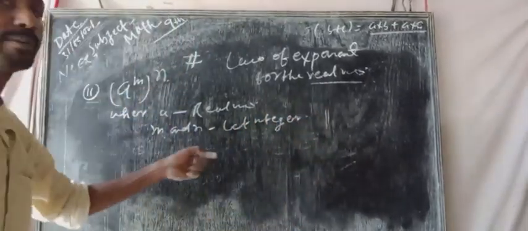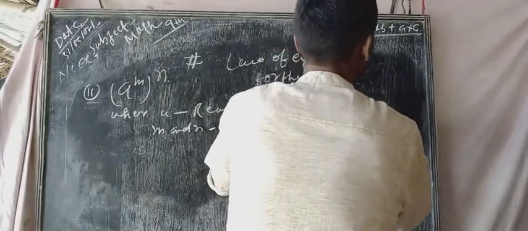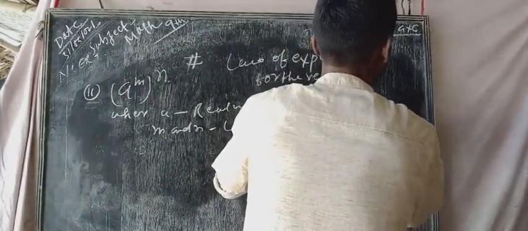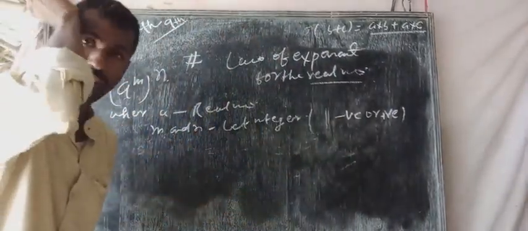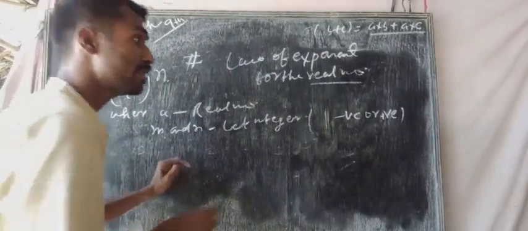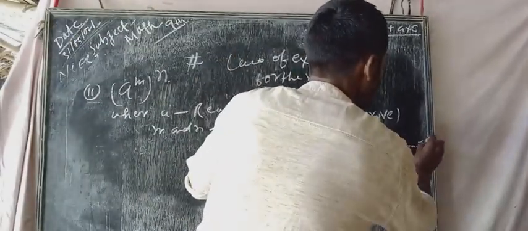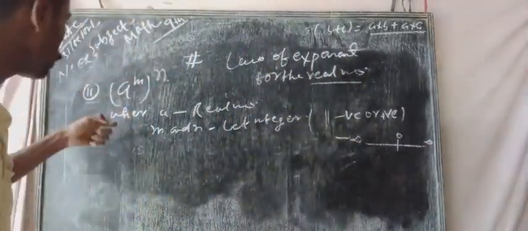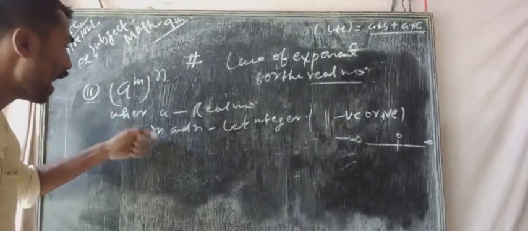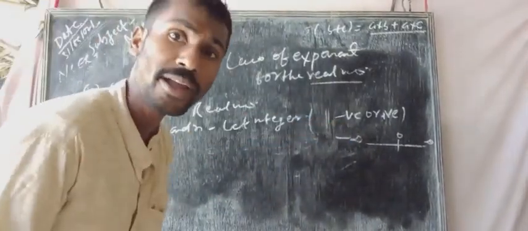That means they may be positive or negative: -1, -2, -3, -4, +1, +2, +3, +4, any number, from -infinity to +infinity, including 0. These are the integers.